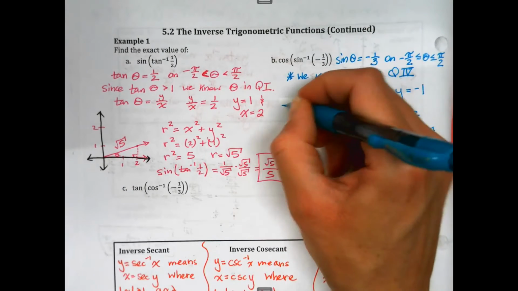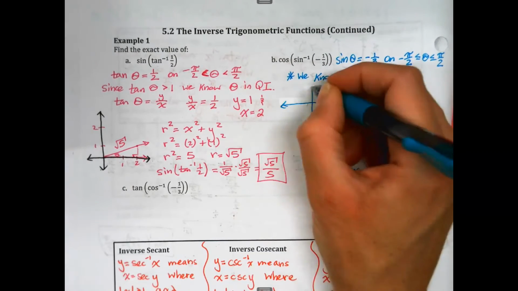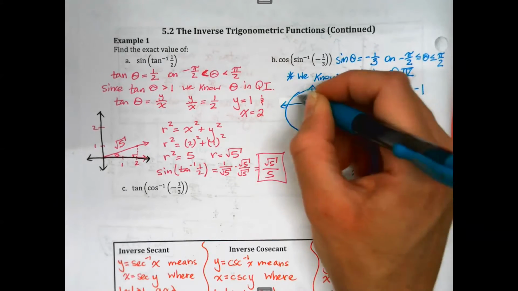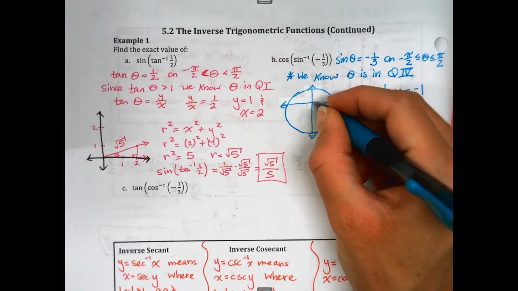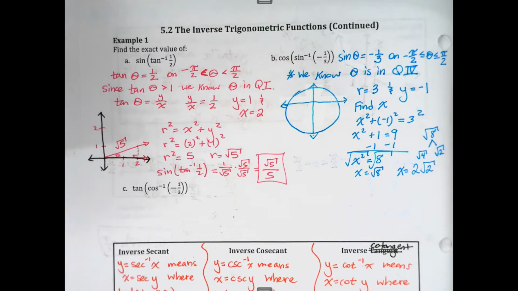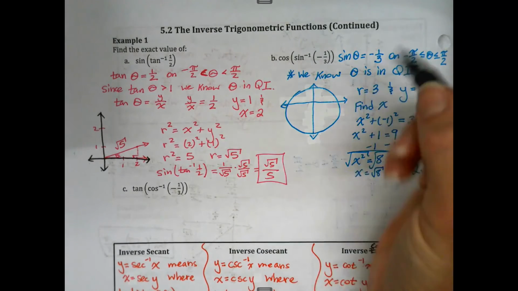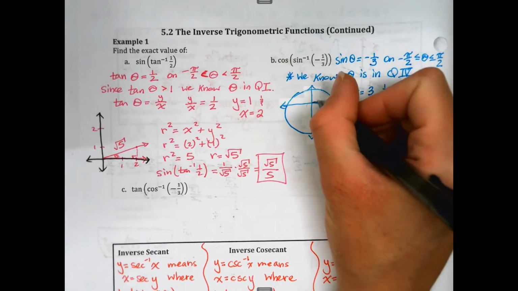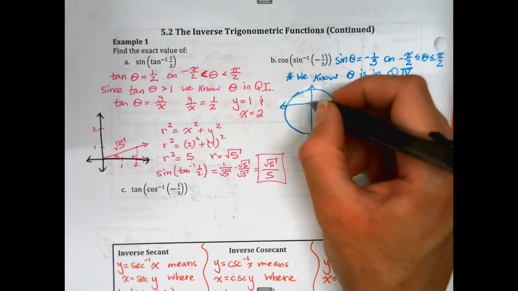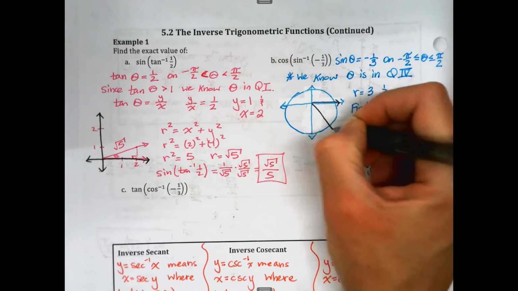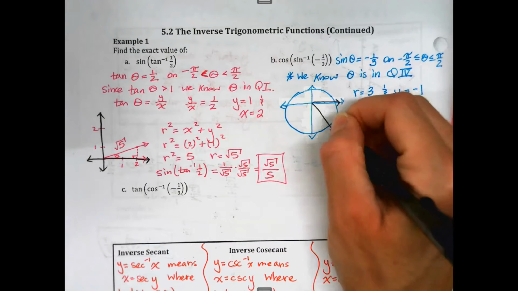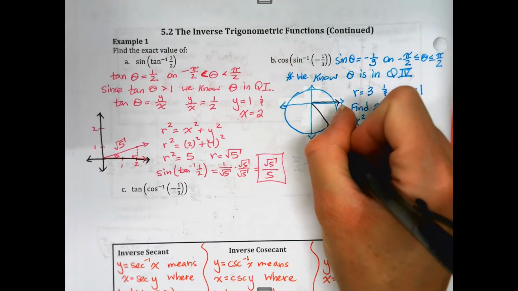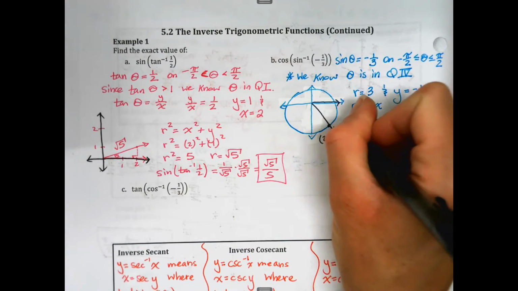So if we have our unit circle here, and we're going to have an angle that started on the positive x-axis here and rotated and ends here in quadrant number 4. And it's going to have an ordered pair here of 2 square root of 2, negative 1.